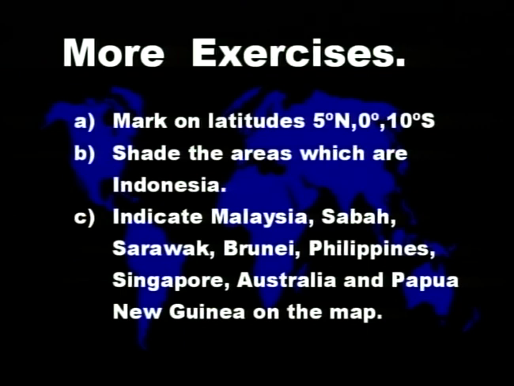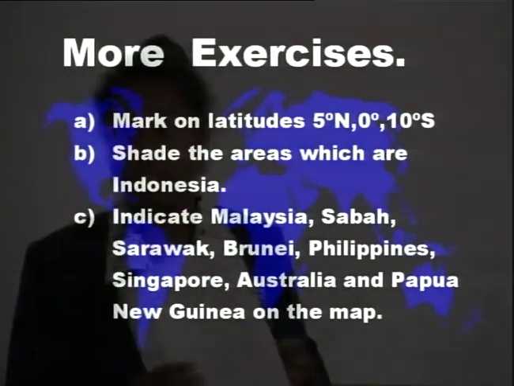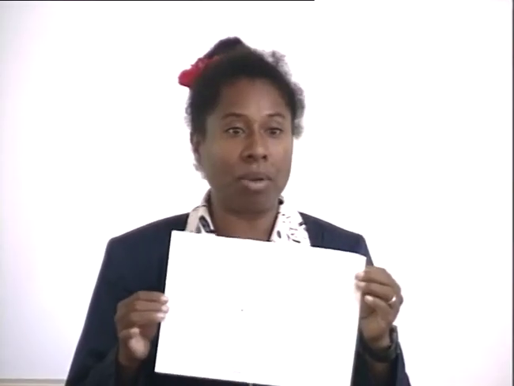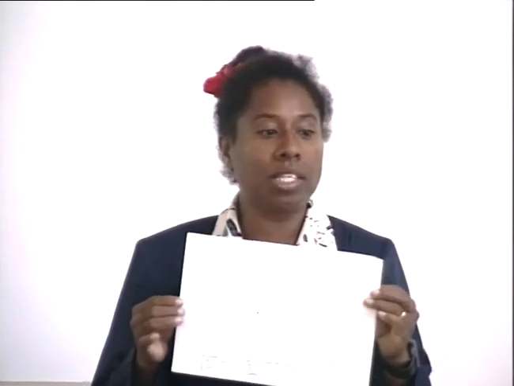For the work on Papua New Guinea, indicating where Papua New Guinea is, the Philippines and Australia, plus Malaysia, that is already shown on our map, so there is really no need for us to redo those activities. Only those countries or those areas that are not on our maps, that is what we were supposed to have completed for our homework. So we will start now with the correction of those 3 important lines of latitude.